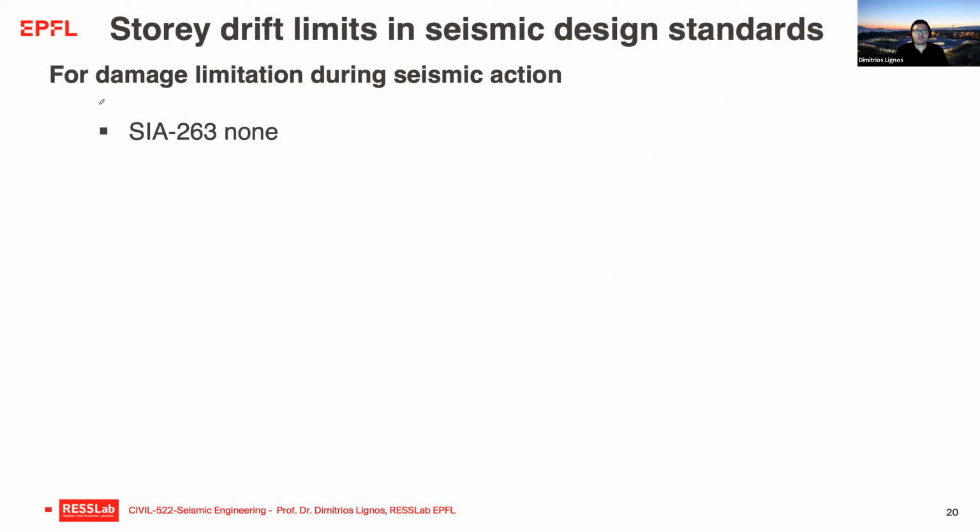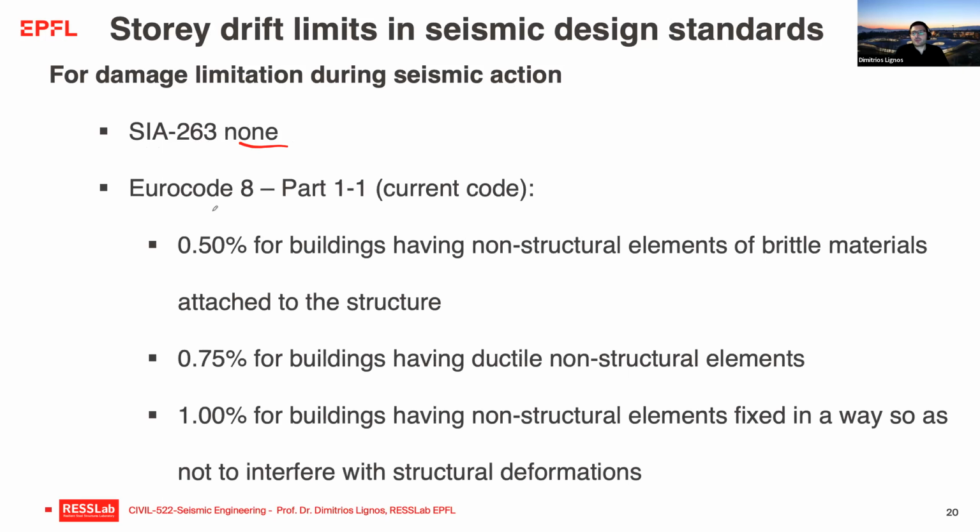and in particular for damage limitation during seismic action, which relates to serviceability. If you look at the SIA standards, I'm listing 263, but technically I don't refer only to steel, I also refer to other structures. In fact, there's nothing. If you look at the current version of Eurocode 8 Part 1.1, you're going to have limits for serviceability under an earthquake that is not the largest one that you have to worry about for collapse, but one that is modest.